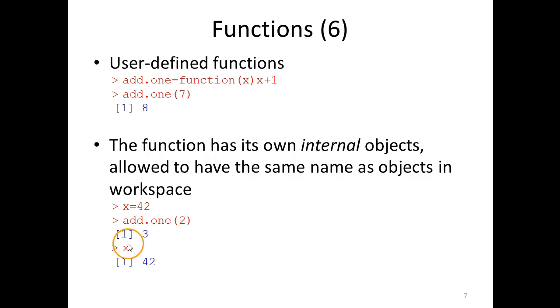But that's not the case, and if you ask for x afterwards, you get 42. So the x object is intact, and the x object used within the function add1 is a separate x. So you don't have to be afraid when you define these functions that you would also have to remember the name of all the objects that you are to use in your script.